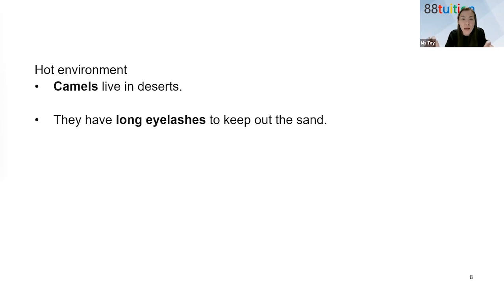It can get into the eyes of the camel, and then the camel can get blinded or irritated. So the long eyelashes act like a filter. When it blinks, it will help to sweep away any sand that is coming around, so the sand is not going to enter the eyes of the camels.